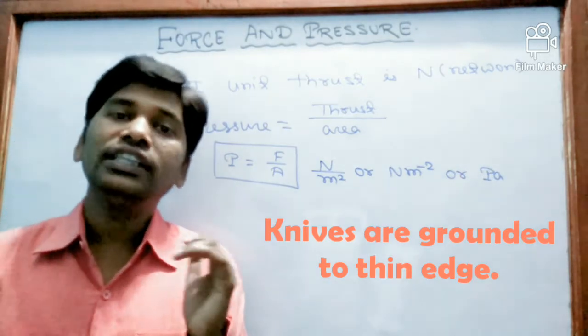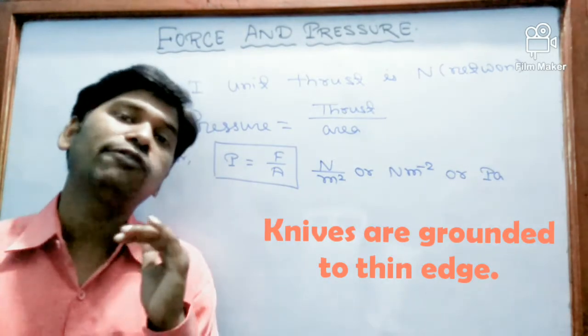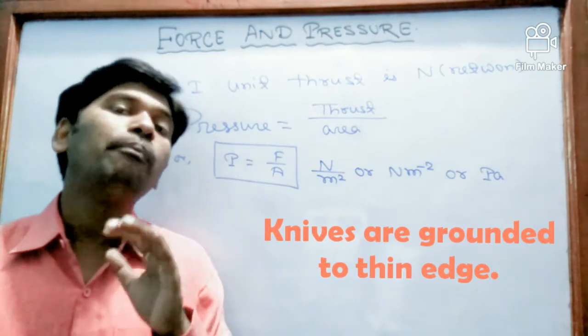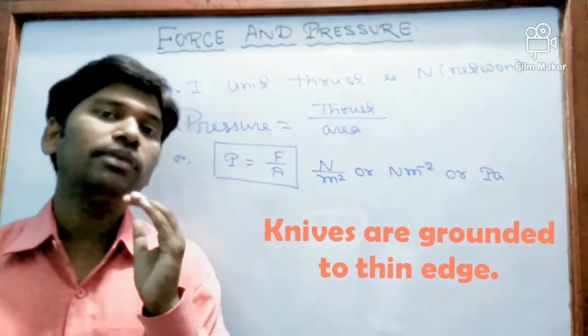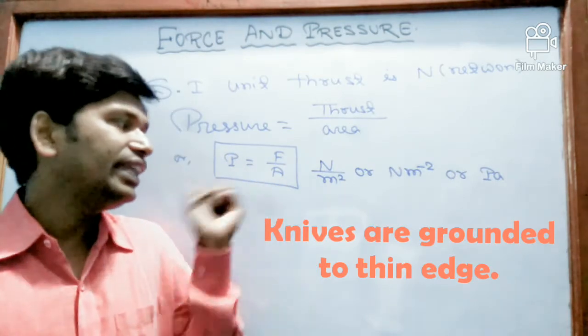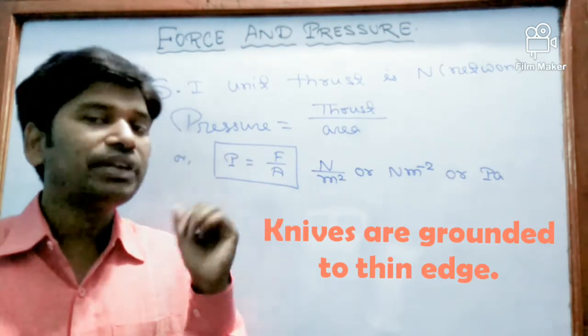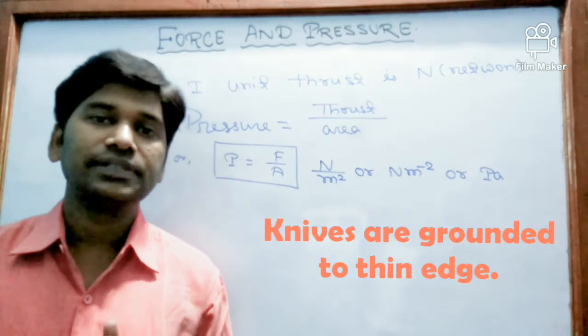On the other hand, if we want to cut a fruit or vegetable with a blunt knife, it is difficult, because for the blunt knife the area will be more and the pressure exerted is less.